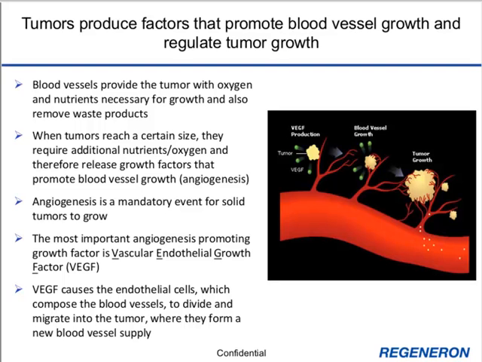The most important angiogenesis promoting factor known is vascular endothelial growth factor, also called VEGF. When VEGF is released, it causes the endothelial cells, which compose the blood vessels, to divide and migrate into the tumor and form a new blood vessel network.